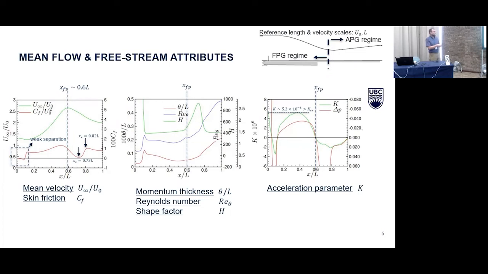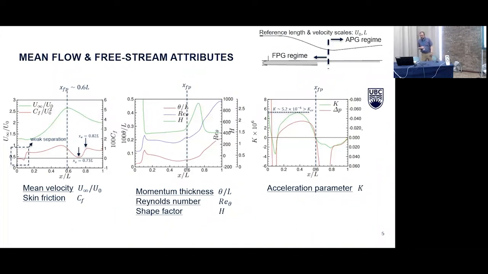The far parameter is the acceleration parameter, K. The acceleration parameter is a measure of the strength of the favorable pressure gradient. And the bound indicated by the dashed line, K of 5.2 times 10 to the negative 6, is the bound of acceleration parameter above which relaminarization is expected.